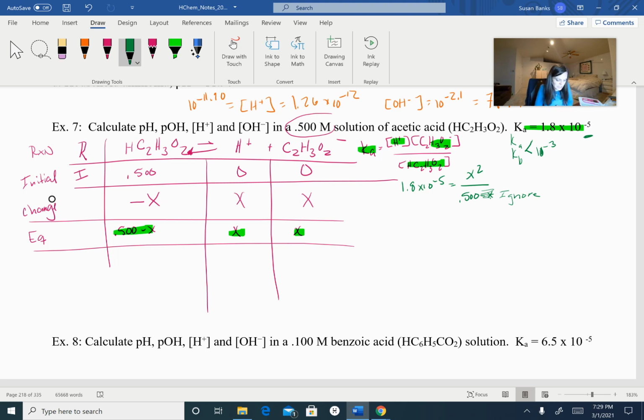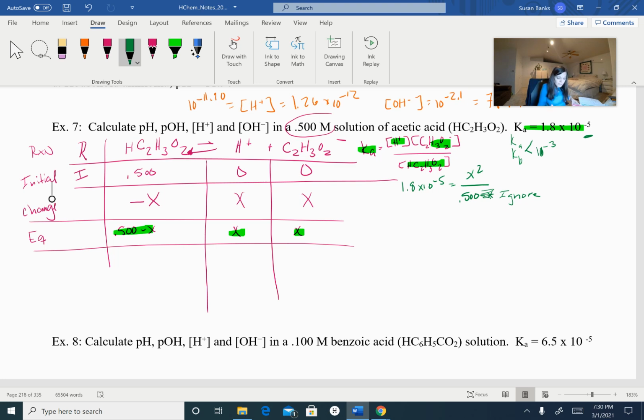And I like things being easy. Okay, so that means then we're going to take 0.5 and we're going to multiply it by 1.8 times 10 to the negative 5. I can get my calculator here.